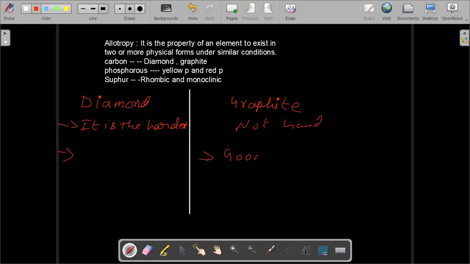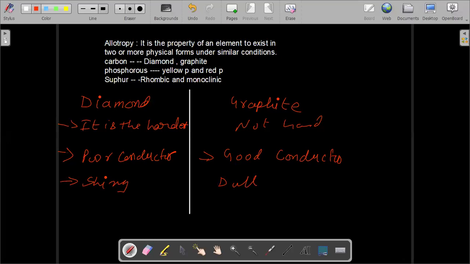See, both of them are made up of carbon only. Whereas diamond is a poor conductor of electricity. It does not conduct electricity, it's an insulator. Any other differences you can think of? Diamond may be shiny and graphite may not be. Okay, so diamond is shiny, whereas graphite is not.